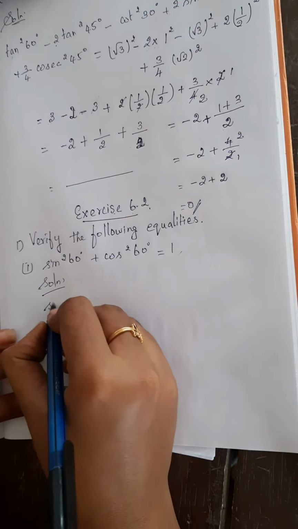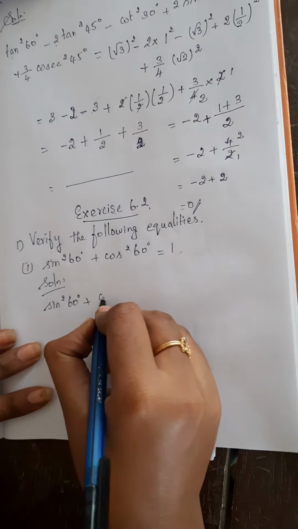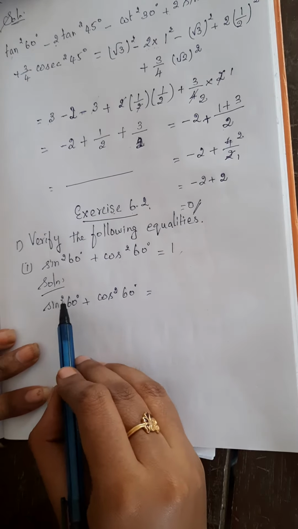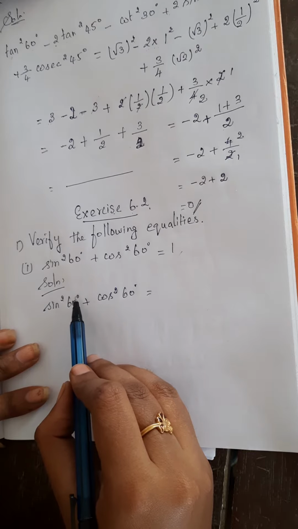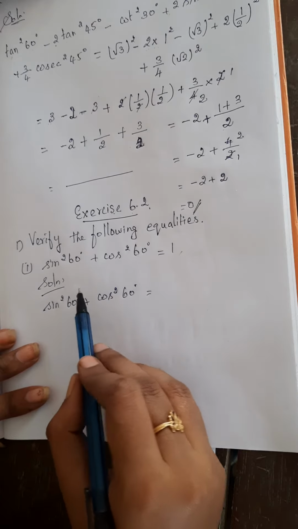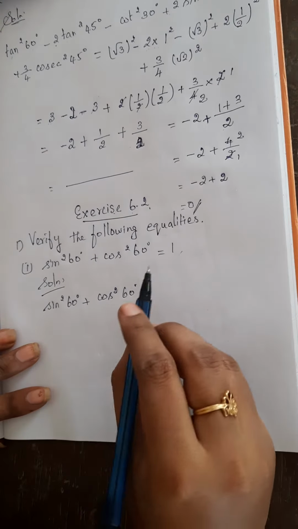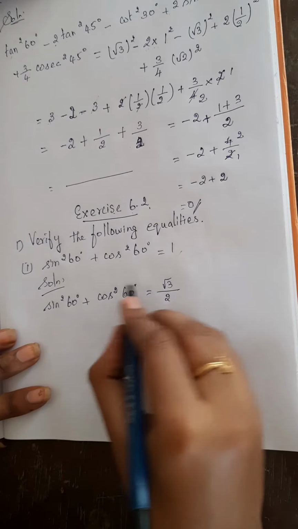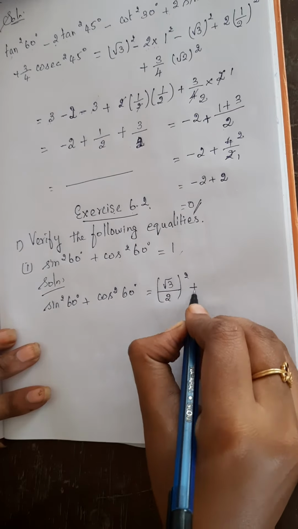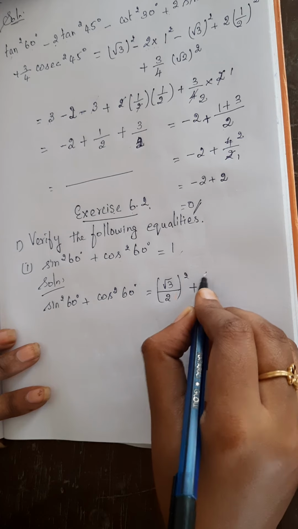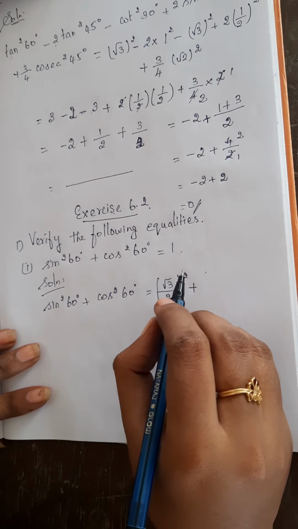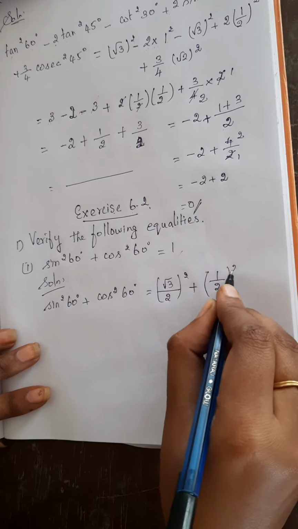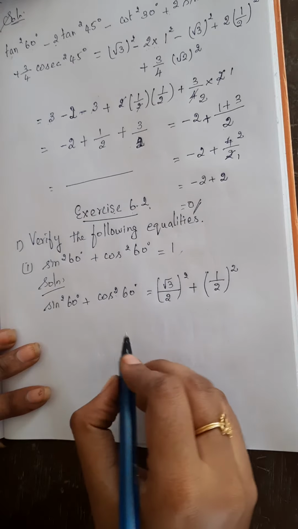So write it first. Sin square 60 degree plus cos square 60 degree equal to, already I told you, sin square 60 degree is equal to sin 60 degree the whole square. So sin 60 degree value is root 3 by 2, there is square, so square, plus cos 60 degree. Cos 60 degree value is 1 by 2 the whole square, because you have square there.